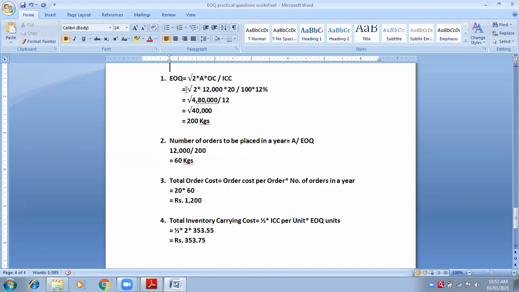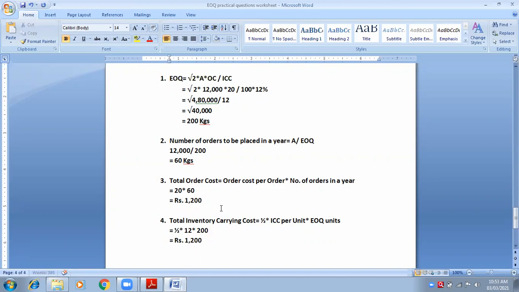What is per unit? 100 into 12 percentage, which is 12. So half into 12 into EOQ units. How many units of EOQ? 200. So 200 into 12 into half is Rupees 1200.